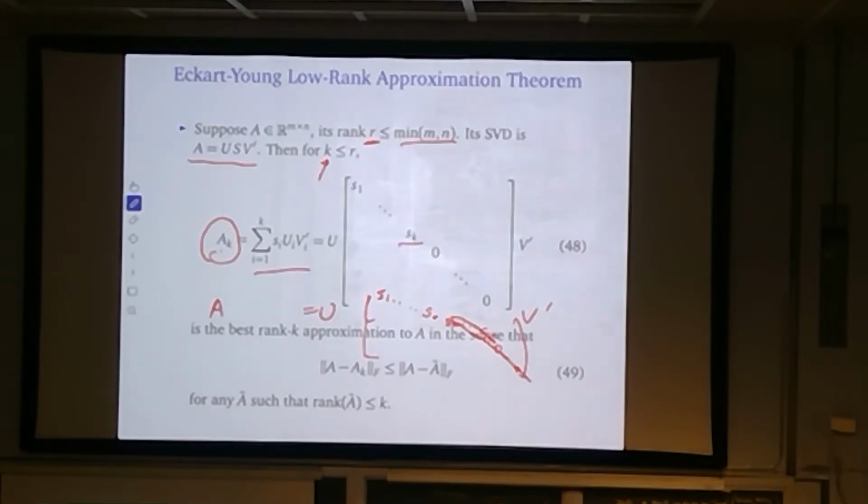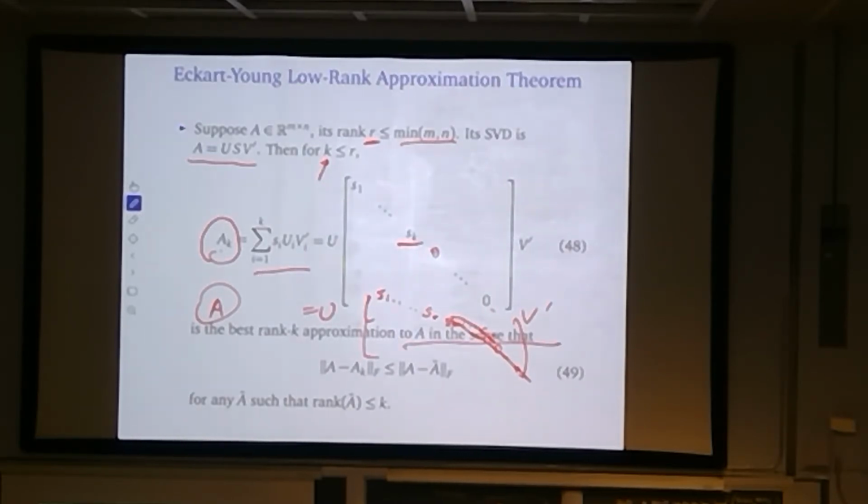If you want the kth order, originally A can be decomposed as is. There's no approximation. It's the full representation of A. But if I knock anything beyond a certain number out, in SVD the singular values are ranked from large to small, right? Anything beyond k is knocked to 0, and what's remaining is the best rank k approximation.